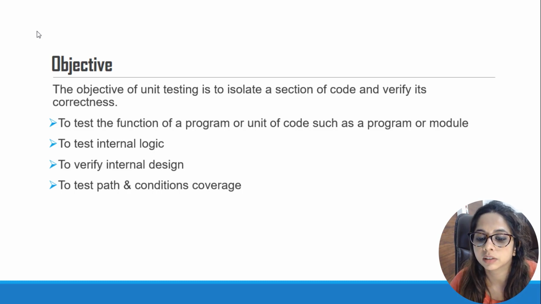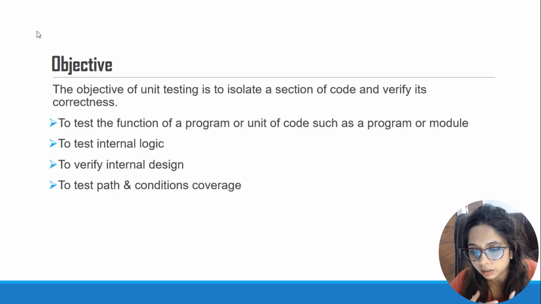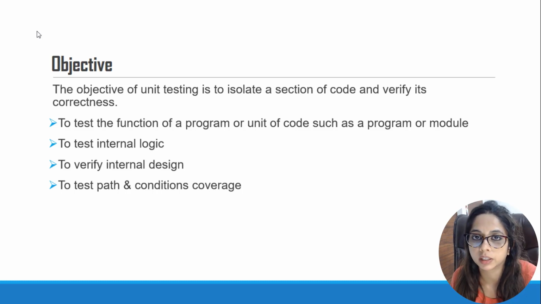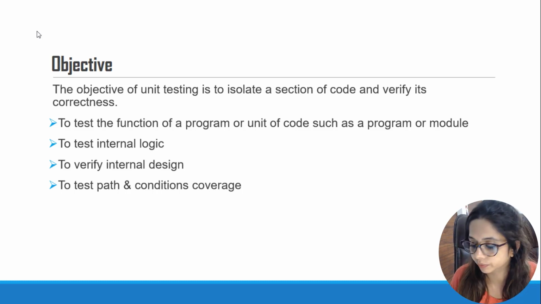Because the earlier we find the issue, the earlier we remove it from the system, and there are fewer chances of bugs spreading onto the entire system, because one function can lead to another functionality, and it can be so linked and associated that a lot of testing might be required later on, and it involves a lot of time. So you have to test all those in the beginning as unit testing.